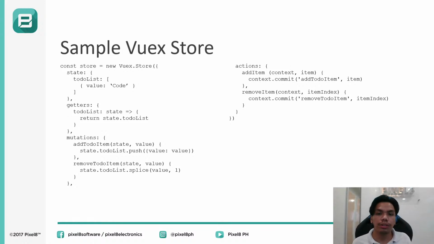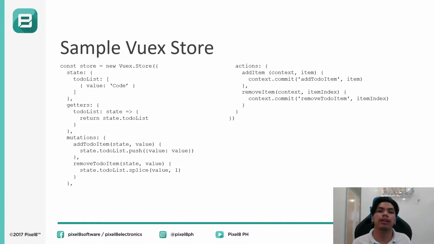With that in mind, you can fire commits inside actions, wherein the commits will be the mutations themselves. So you commit a specific mutation and then you pass values to it.